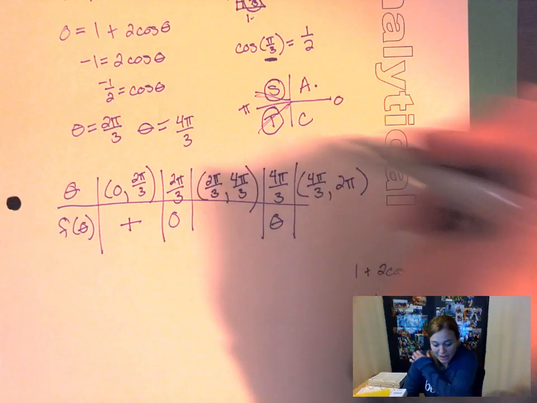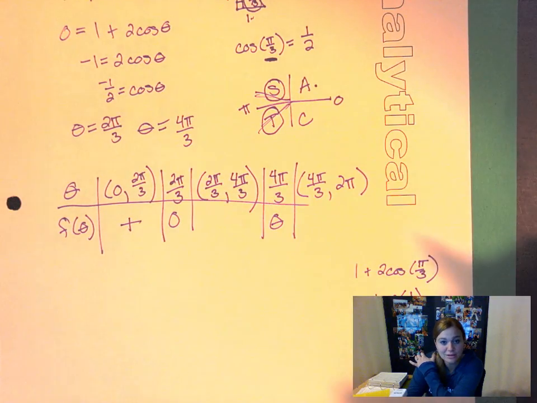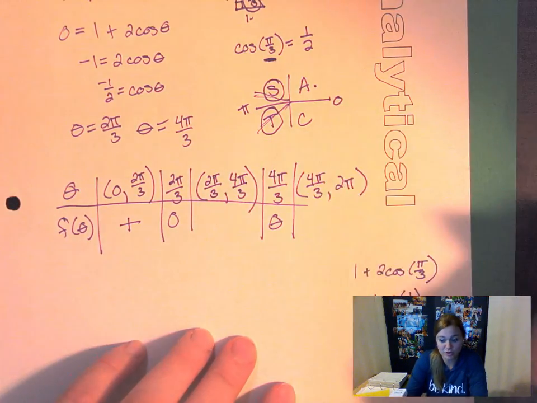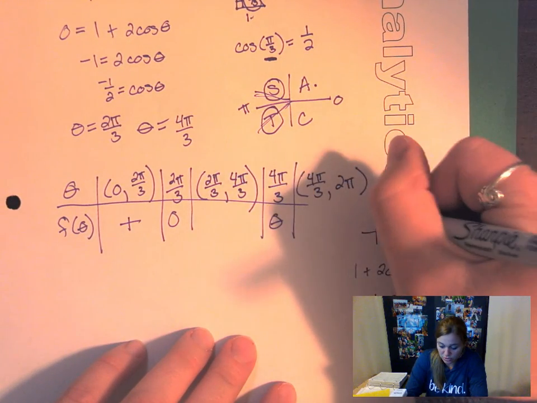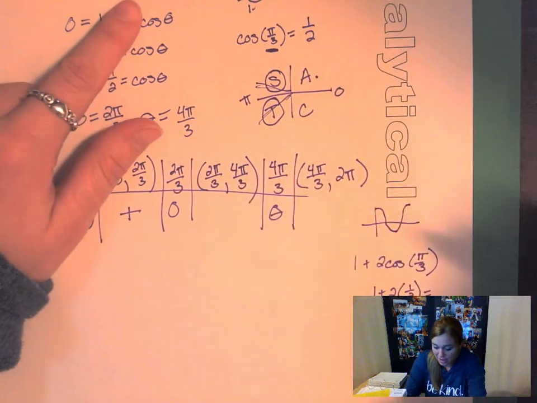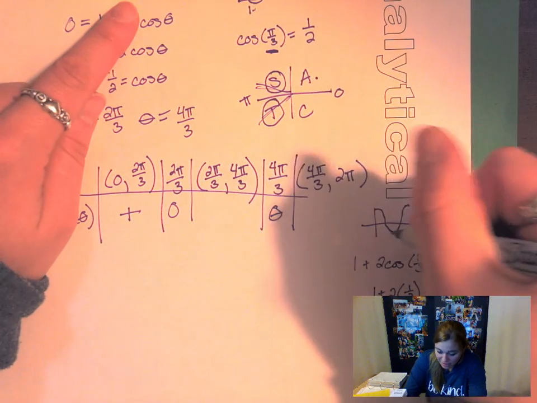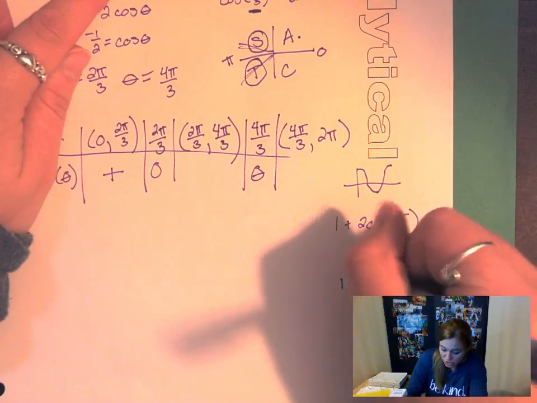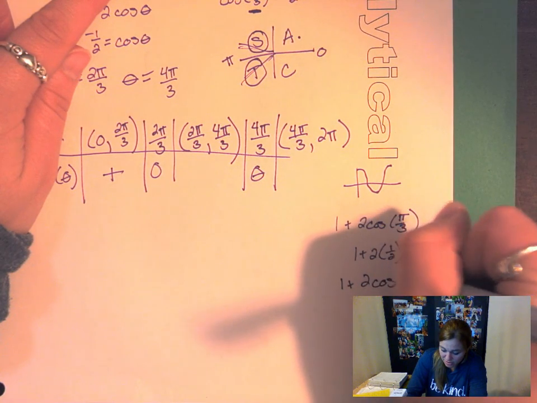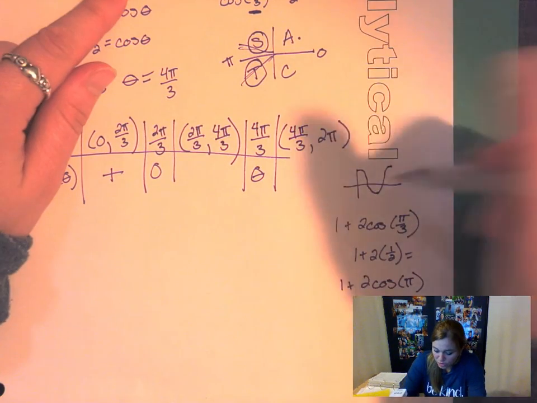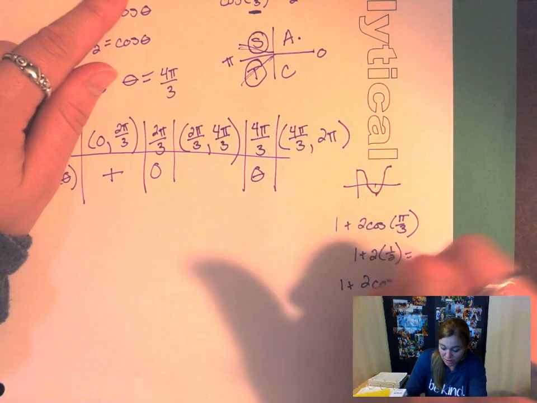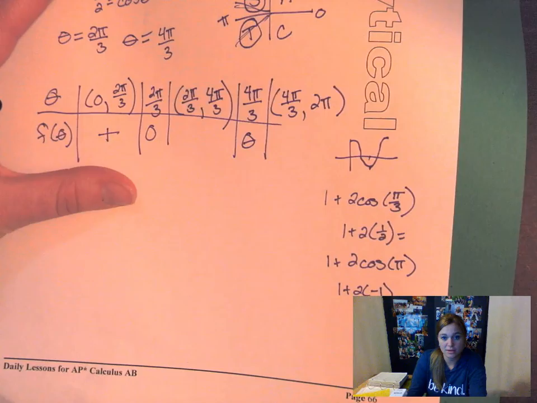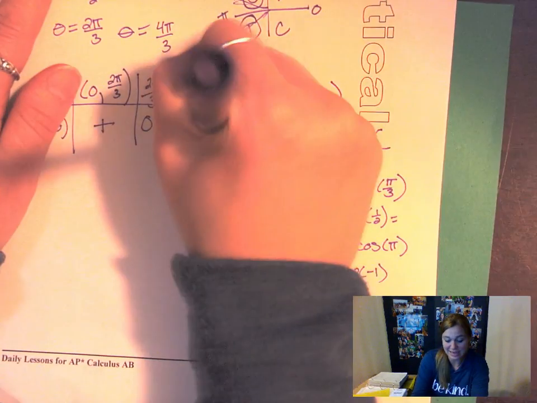And then 2 pi over 3 to 4 pi over 3, I think of 3 pi over 3, which is just pi. So I'm thinking of the cosine curve at pi. So 1 plus 2 cosine of pi. Cosine of pi is just going to be -1. 1 plus 2 times -1 is going to be negative.